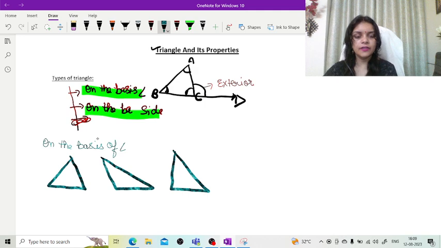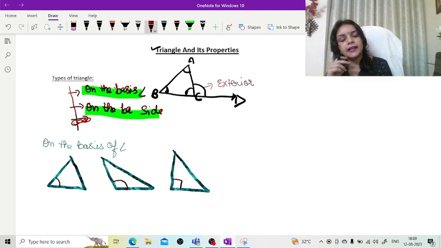What is the difference of these angles? The first one, see, the angle is acute, so this is an acute angle triangle. Here the angle is obtuse, so this is an obtuse angle triangle, and here the angle is 90 degree right angle, that means this is a right angle triangle.